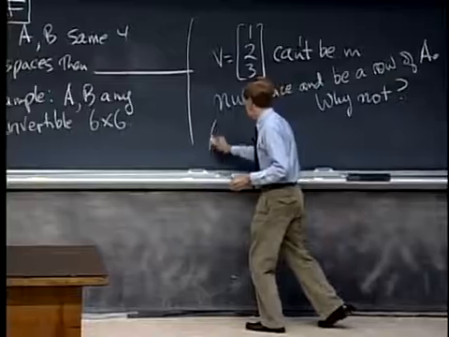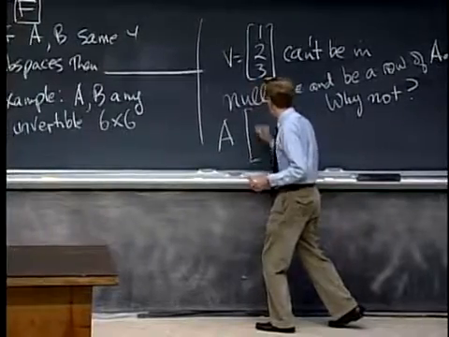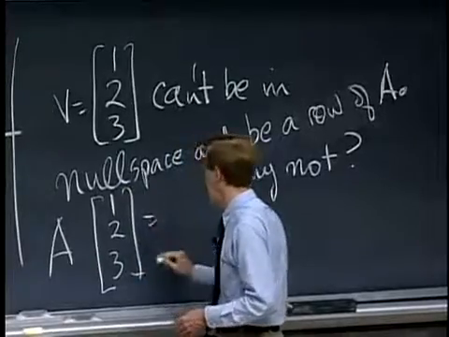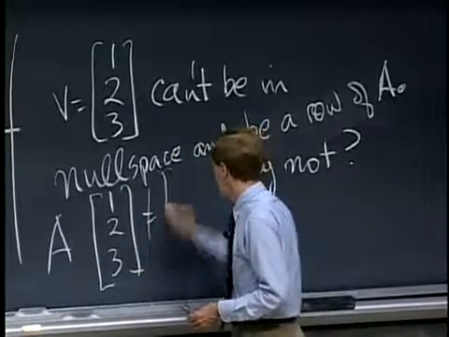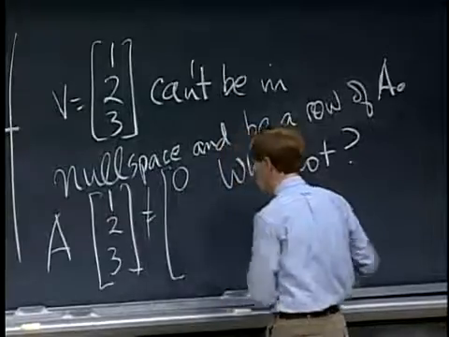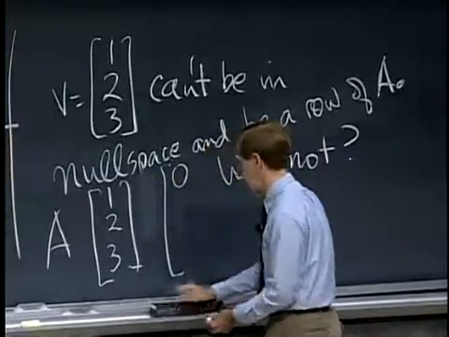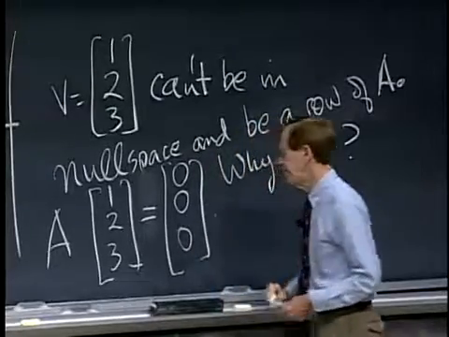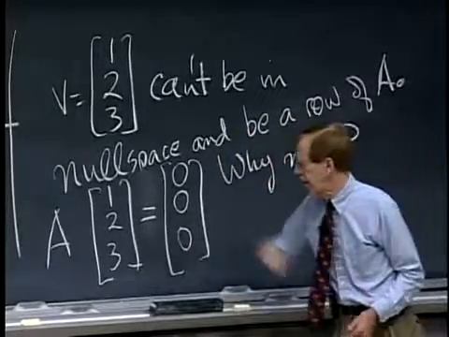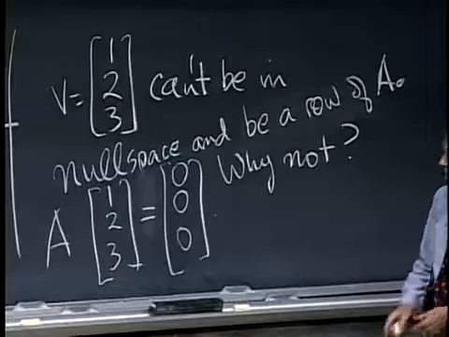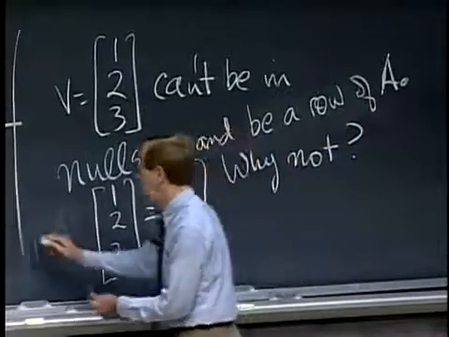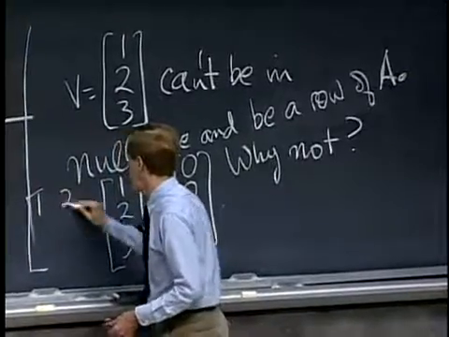I mean that A times this V, why can't A times V be 0? Well, if it's 0, I'm getting it into the null space here. So now that vector is in the null space. Why can't the first row of the matrix be 1, 2, 3?